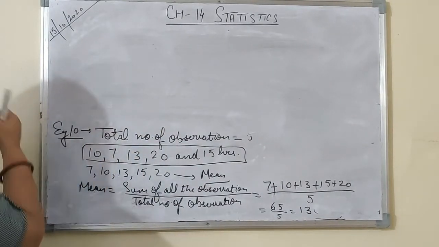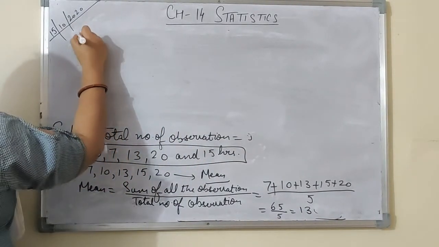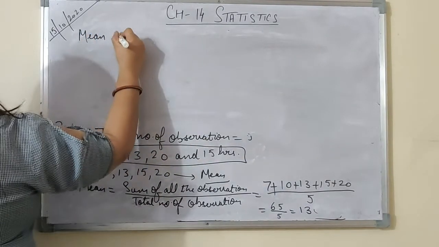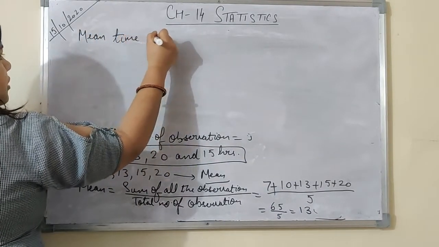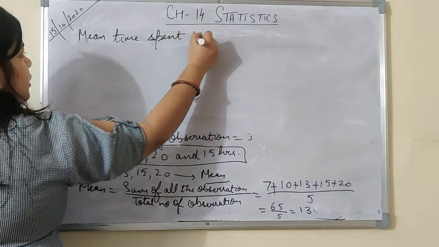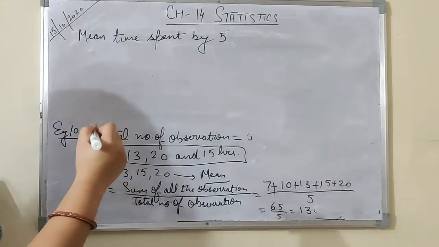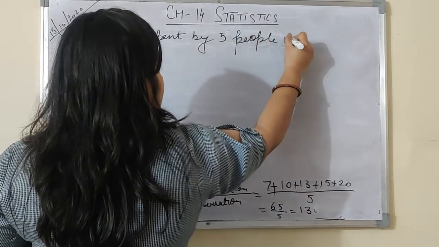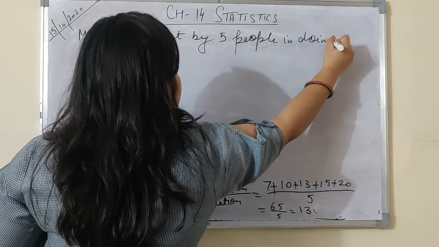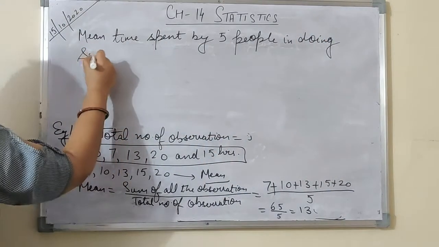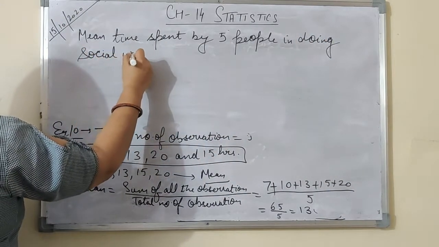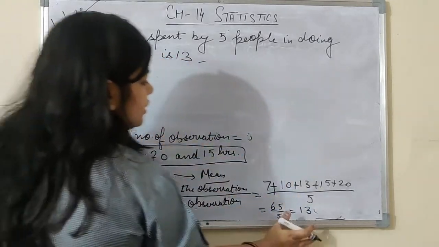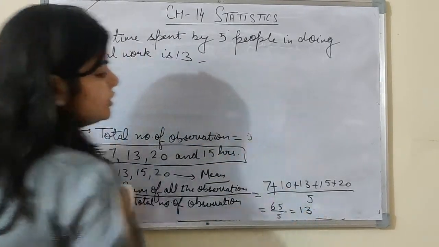I am writing here that the mean time spent by 5 people in doing social work is 13 hours. So this is the answer for this example.